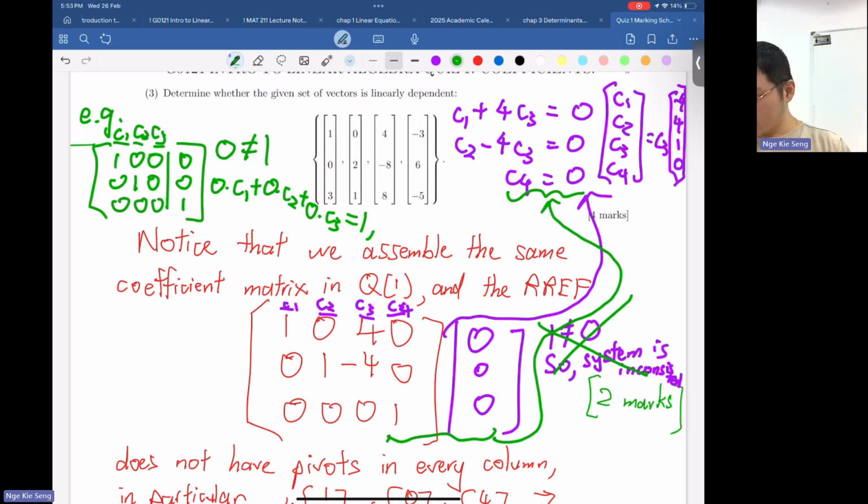That's why you got this 0 equals 1 here. Understand or not? Please be careful. The 0 and 1 swap is a different story.